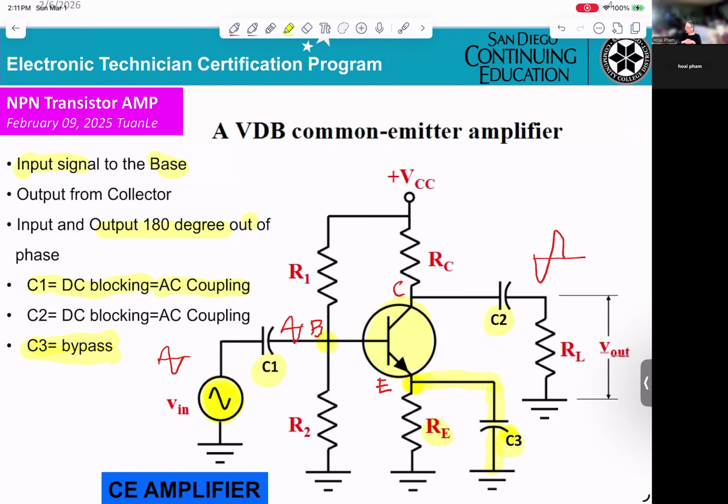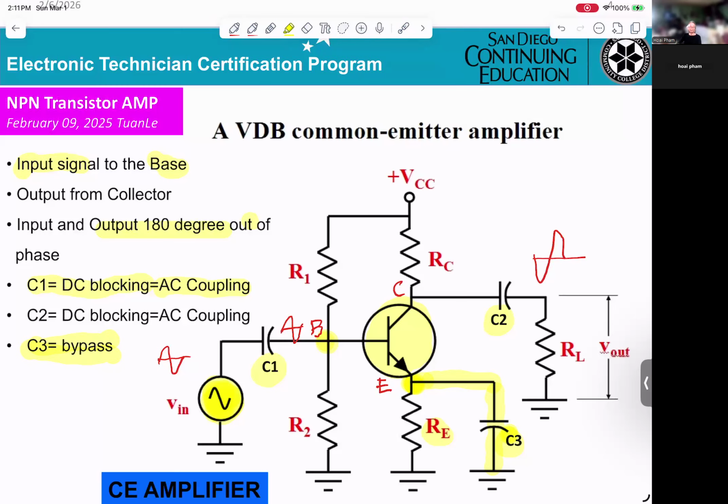Now, why do they need the bypass capacitor C3? The thing is, with the bypass, they can increase the gain of the amplifier. Okay. Without the bypass, the gain will be a little lower.